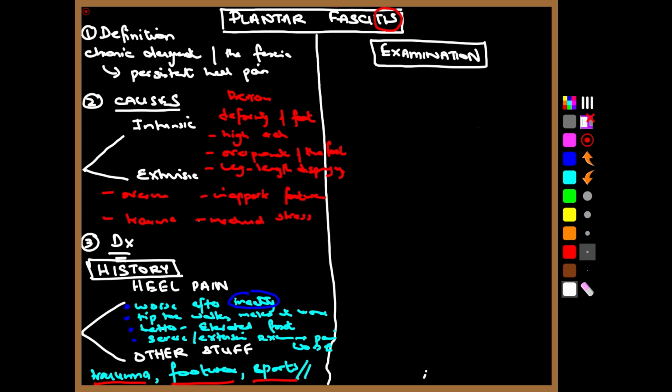However, we'd want to either rule it in or we'd want to rule it out. So if you want to rule in plantar fasciitis, there would be a few things, and you'd be like, you know what, I've got the diagnosis and this is it. But then you'd still want to rule out a few things just to be careful that you're not missing out anything else.